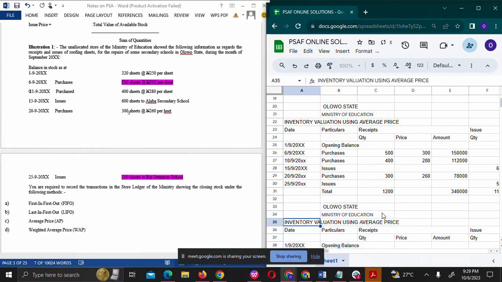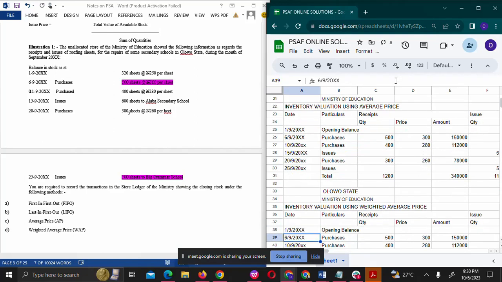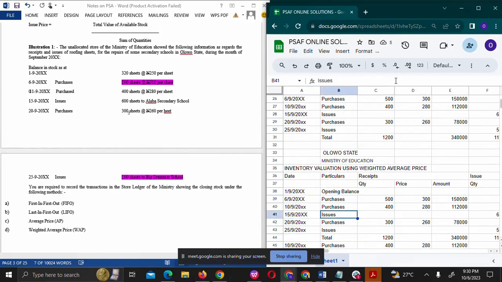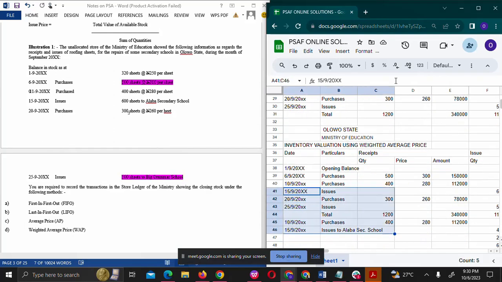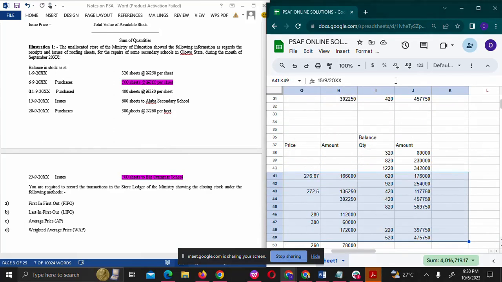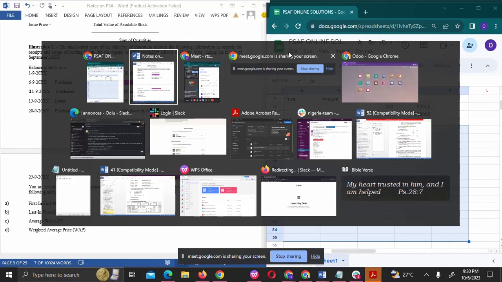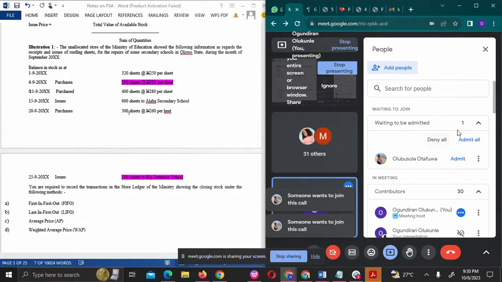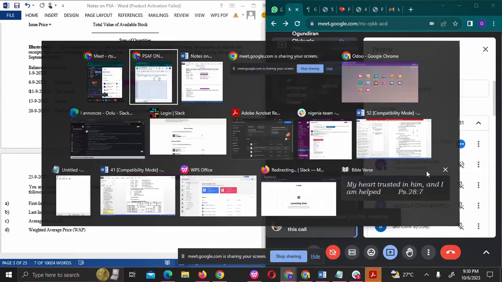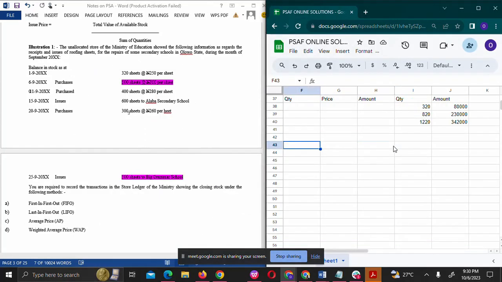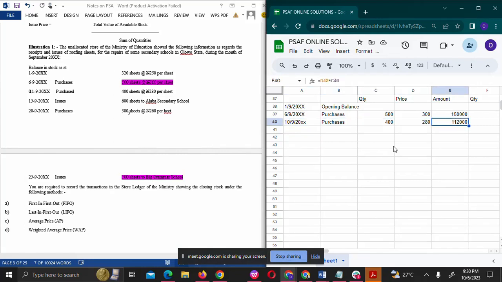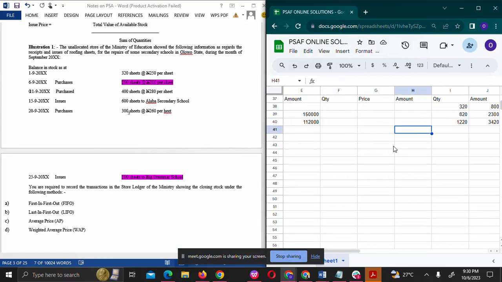So we have this, but now what I want to do is the weighted average price method. For the weighted average price method, my opening balance is the same, my issues are the same, my purchases are the same.